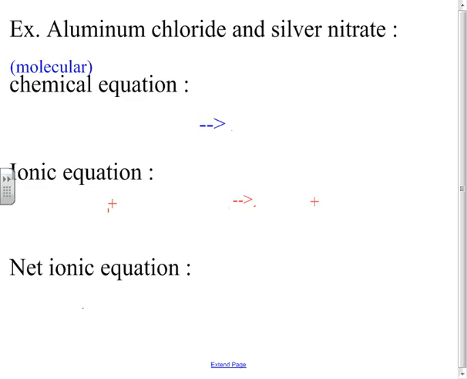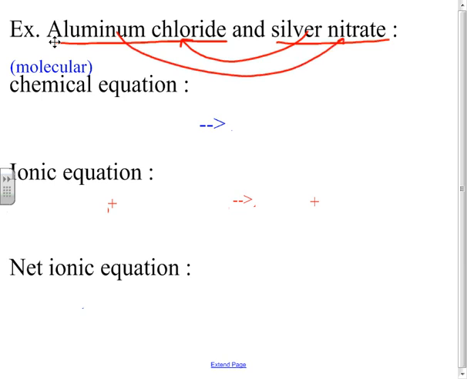So first example here, aluminum chloride and silver nitrate. The idea here is if I take an aqueous solution of aluminum chloride, which again is just a mixture of aluminum ions and chloride ions, and I combine it with an aqueous solution of silver nitrate, which really is just a mixture of silver ions and nitrate ions, by combining these together, I could possibly get a precipitate, and the possible precipitate will be the silver and the chloride, or the aluminum and the nitrate.